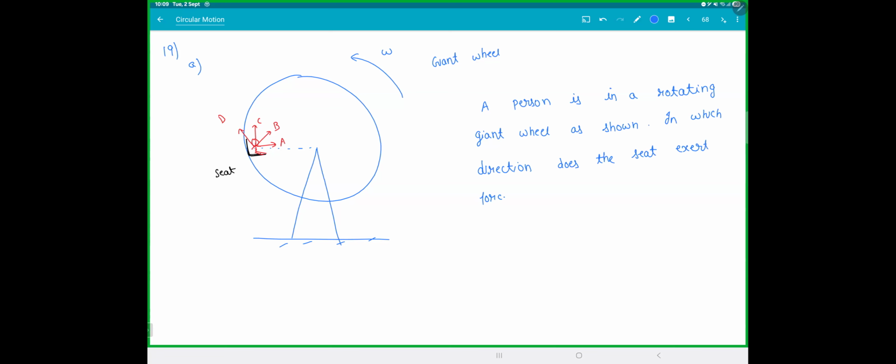So is the giant wheel rotating with a constant velocity? Will it matter? Technically it shouldn't matter, but yeah, if you accelerate too fast, there is a chance this guy will get out of the seat and fly off in the air.